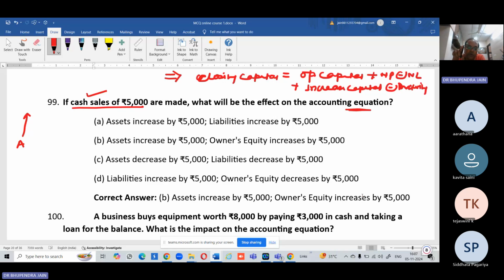So whenever we sell the goods, definitely it will affect the owner's capital. What will be the effects? So owner capital will also be increased. So increase assets and increase owner capital.